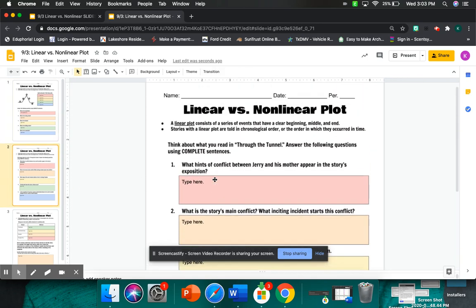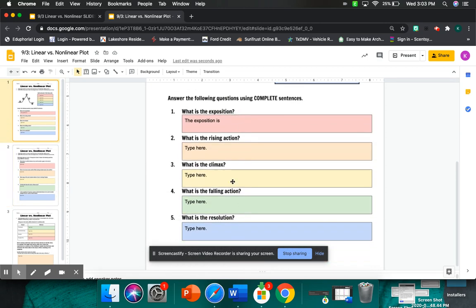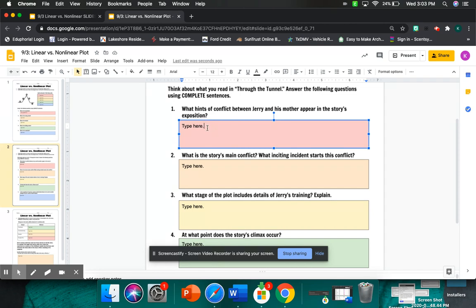On this one, you're going to start answering questions specific to the story. On the previous questions, you're just defining these words for me: exposition, rising action. But here, we're going to look at those pieces of the plot in Through the Tunnel. So what hints of conflict between Jerry and his mother appear in the story's exposition?